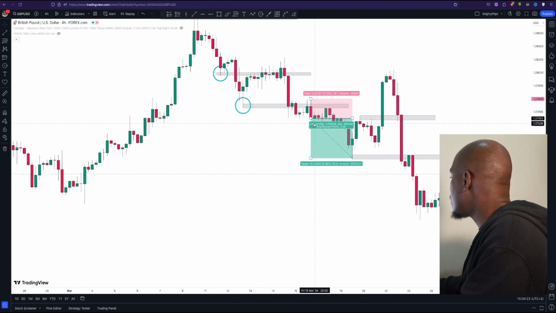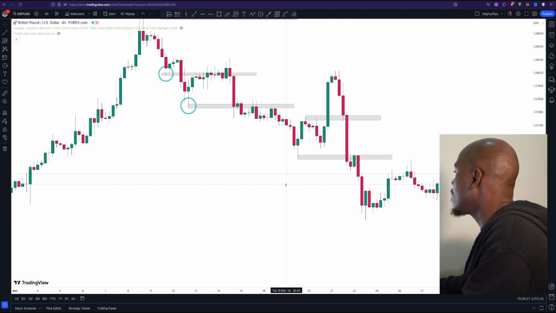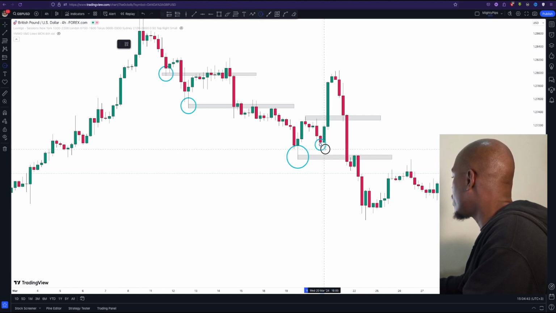So after this move has happened, this market creates a new low, which is this one, okay? This is a new low. So this low, the market goes and creates a high and creates another low, high here, okay, which is this one here.